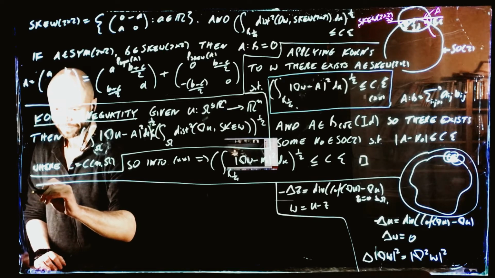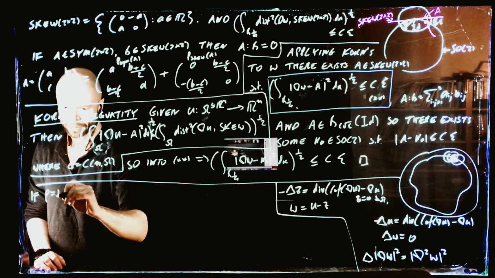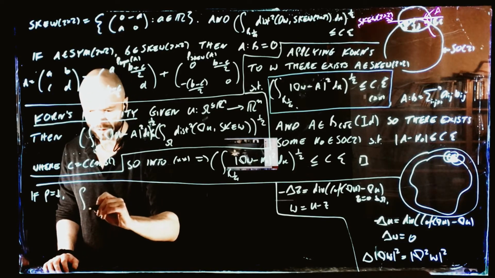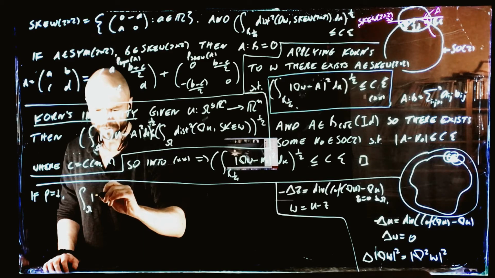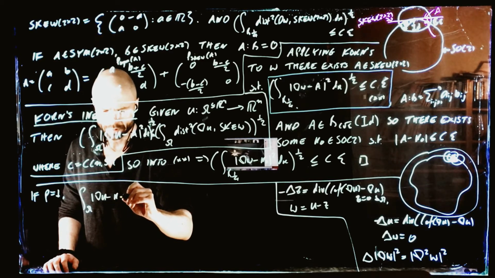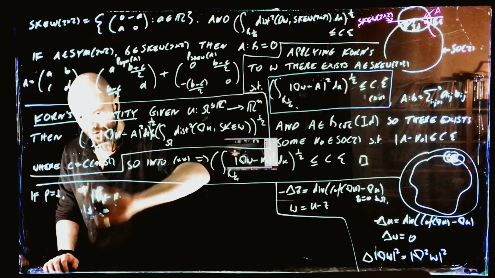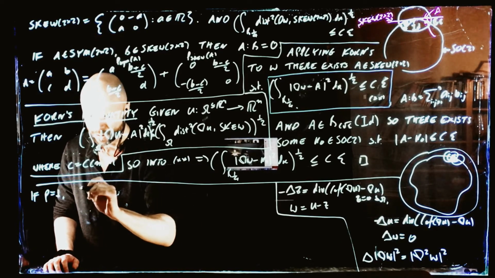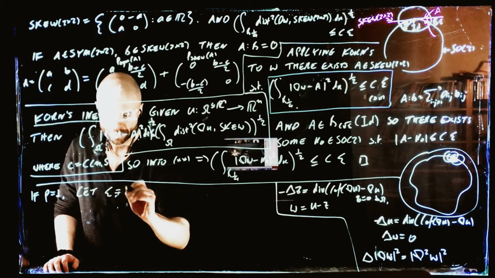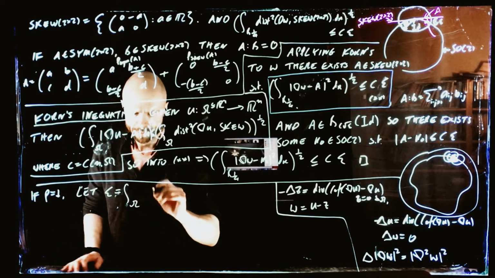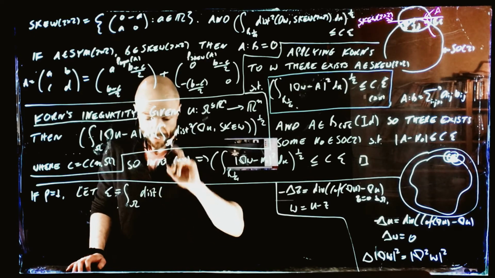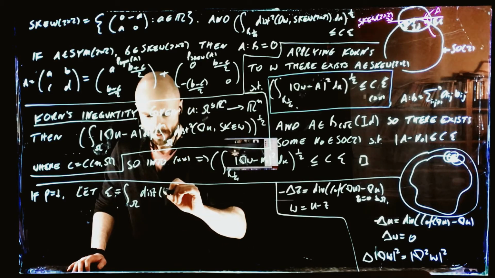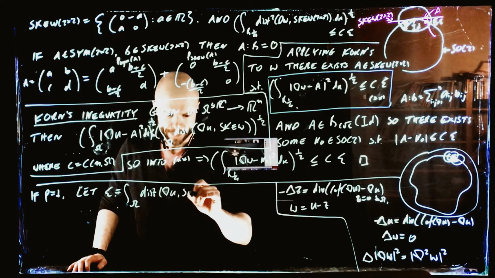So if p equals 1, then this is the statement of Muller's theorem. Let me write it this way. Let epsilon be the integral over omega of the p equals 1 distance of the gradient of u away from rotations.